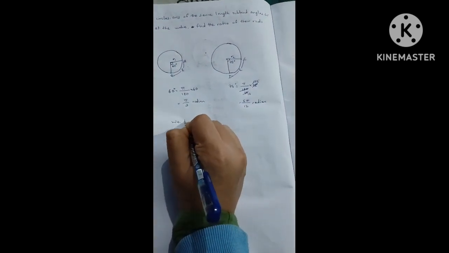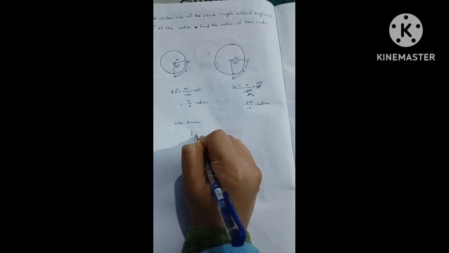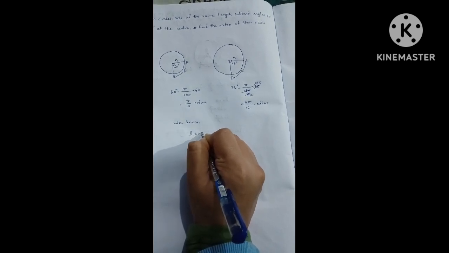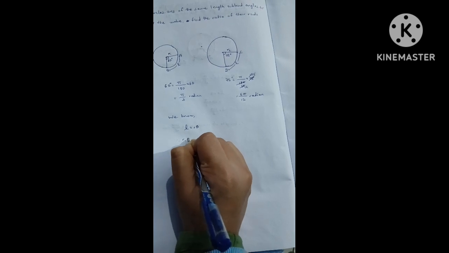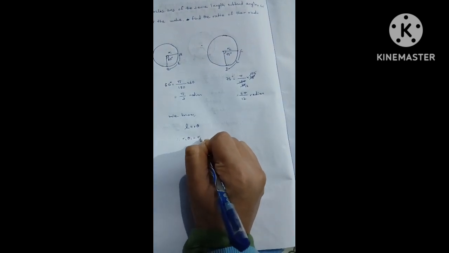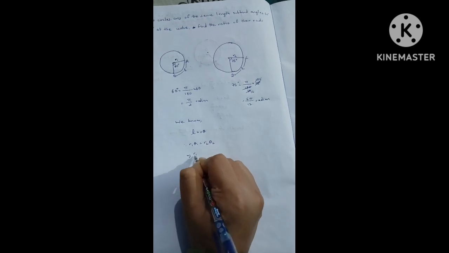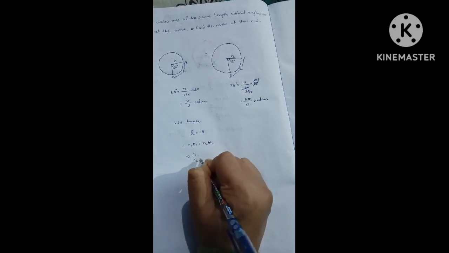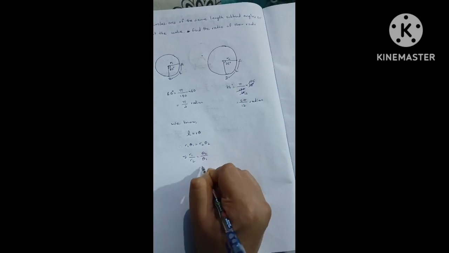We know the formula L equals R times theta. Therefore R1 theta 1 is equal to R2 theta 2. This implies R1 by R2 equals theta 2 upon theta 1.